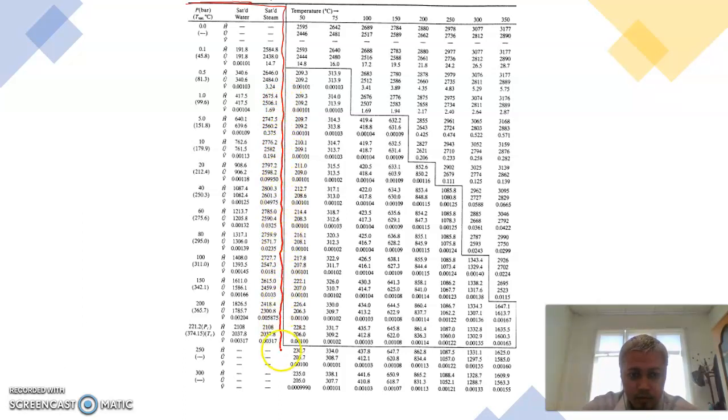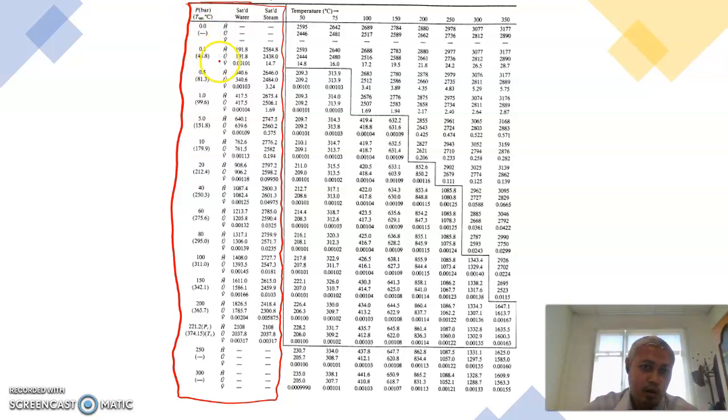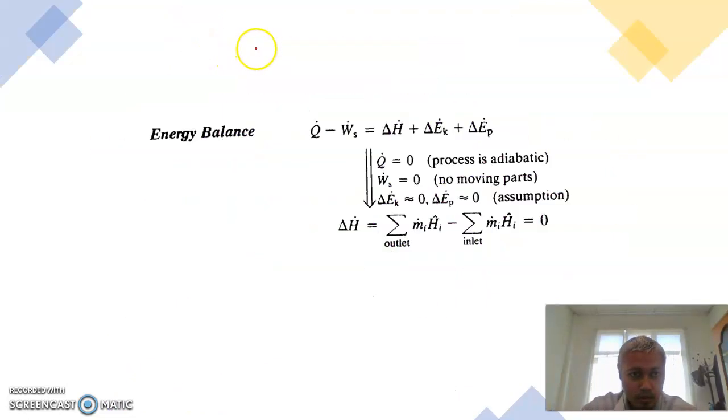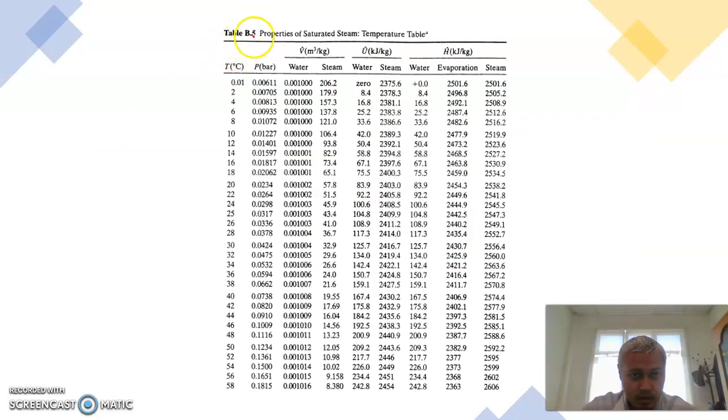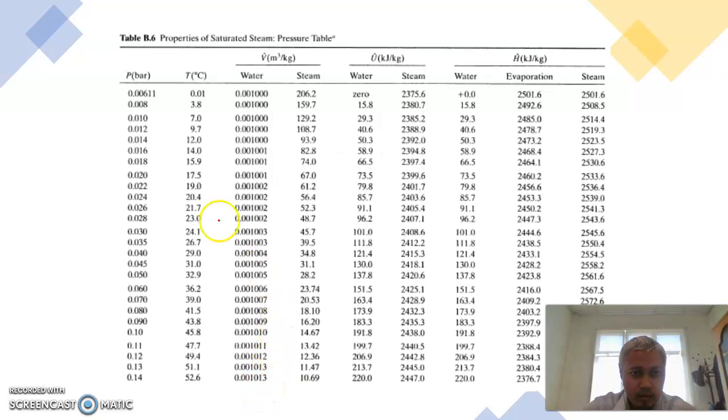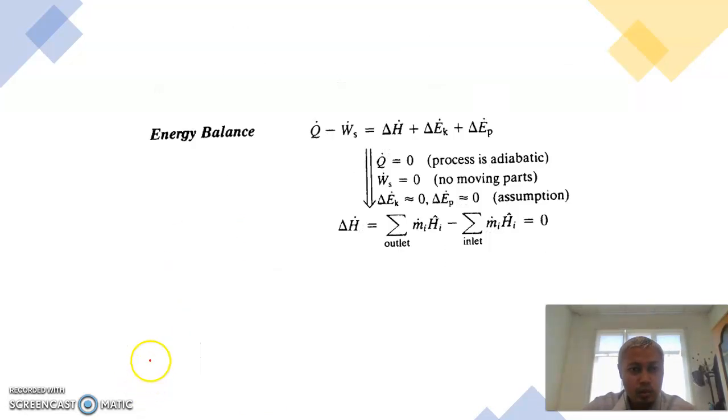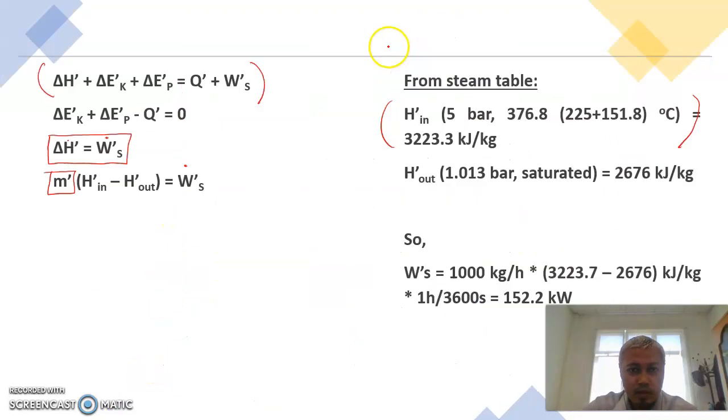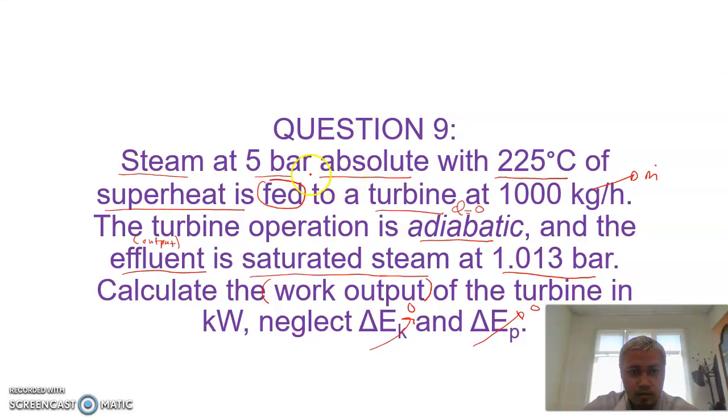That's why we need to refer to B7, because if we go to B6 or B5, we cannot get pressure more than 1 bar. I will show you the table. This is B5. The pressure is up till 0.18 only. Therefore B6 1.0 and 0.4. So we need to have pressure at 5 bar.